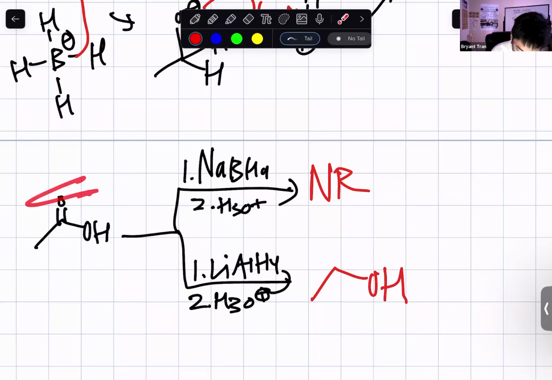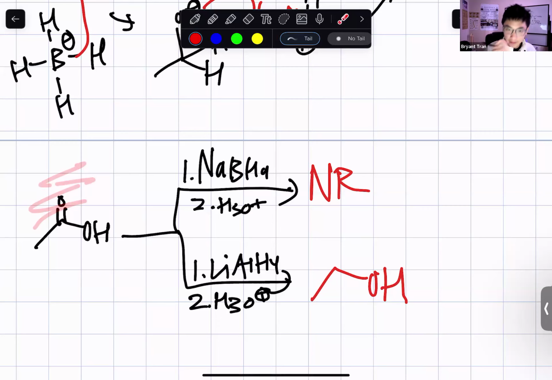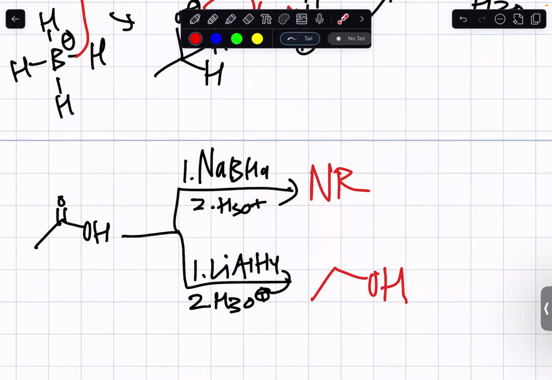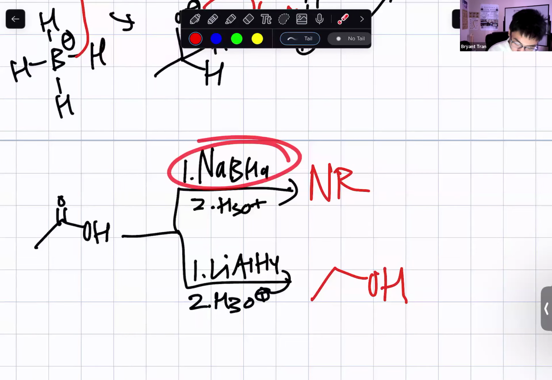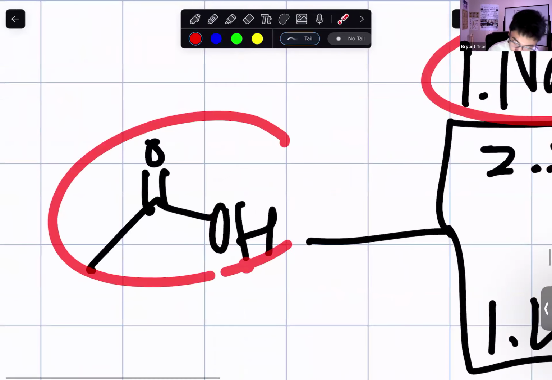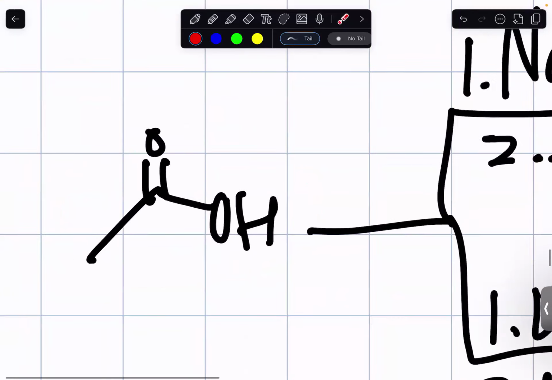Think of it as cleaving off that carbonyl right there. And the mechanism here, I don't think you need to worry about. I want you to send me his lecture notes just in case I can go over this with you. But I can explain to you why the weak reducing agent here does not reduce this carboxylic acid.